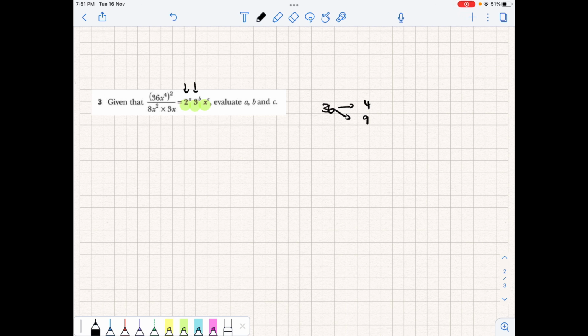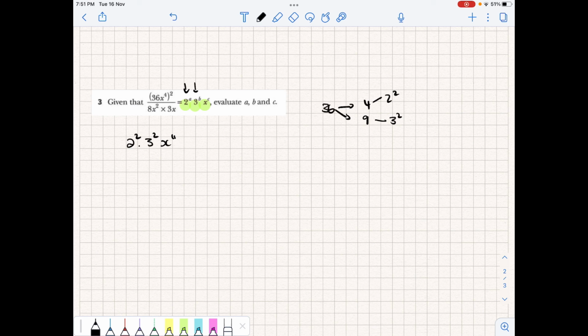And those can be further broken into 2 squared and 3 squared. So we're going to change 36 into those two numbers. So instead of writing 36, I'm going to write 2 squared, 3 squared, because that's 36.